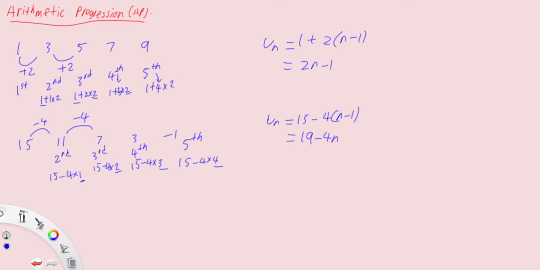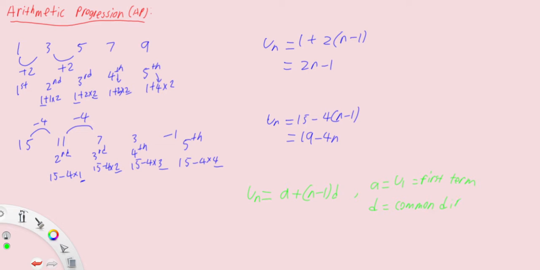So in general, all right, let me use another color. So in general, the general formula for the term is basically a plus n minus 1 d, all right, where a is first term, u1, first term. d is the common difference, all right?